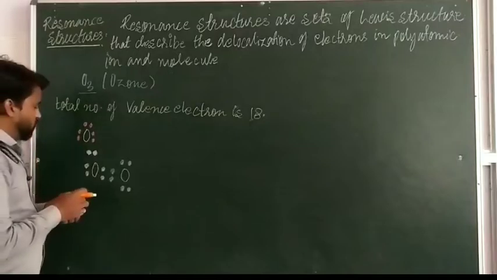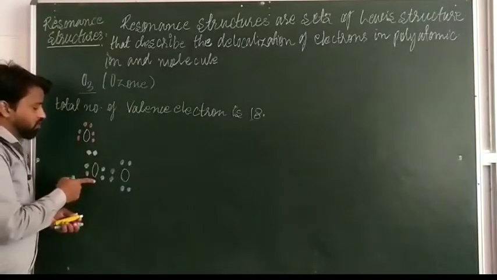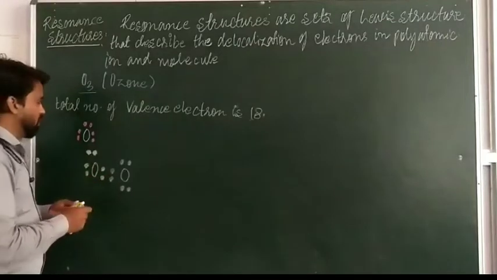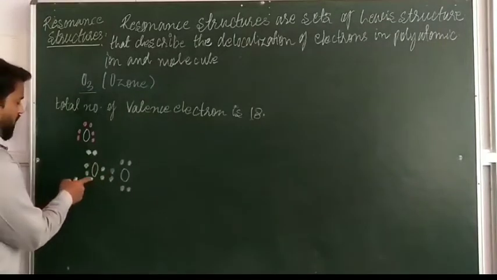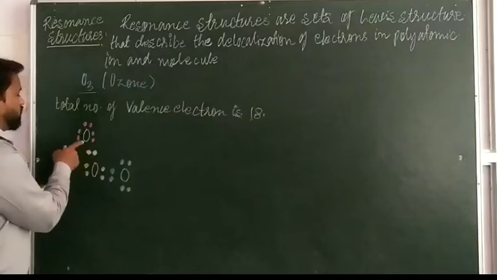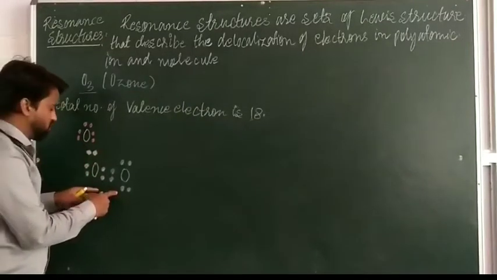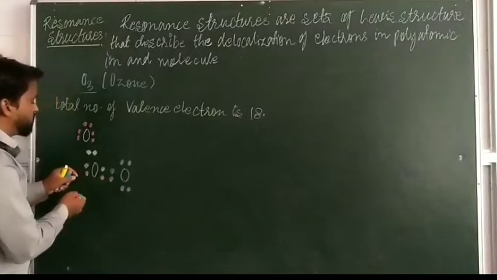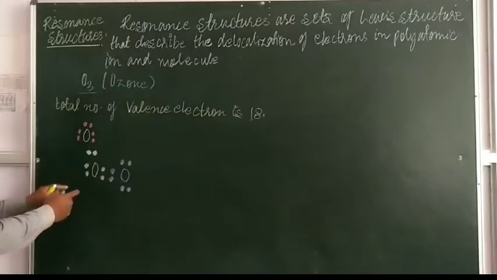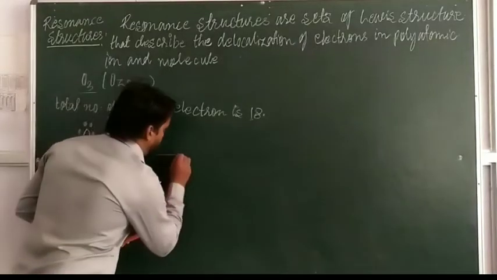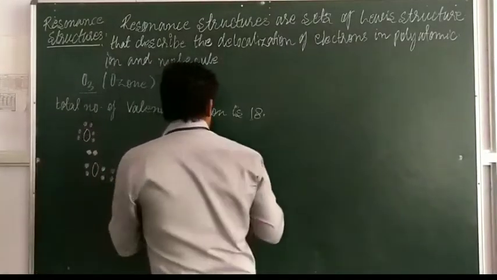We have used different colors or different dots for electrons of different oxygen atoms. The central oxygen atom has 6 valence electrons, and this oxygen atom also has 6, and this one also has 6, with different sets of sharing of electrons. By this structure, we make a diagram of the ozone molecule.